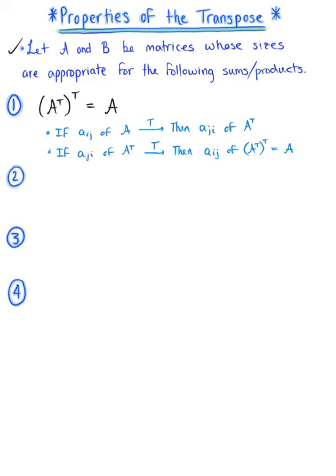The second property says that if we have the sum of two matrices, say matrix A plus matrix B, and we take the transpose of that sum, this is equivalent to taking the sum of the transpose of matrix A plus the transpose of matrix B. And this one is pretty obvious that it holds true in both directions because matrix addition requires that the two or more matrices must be size equivalent.